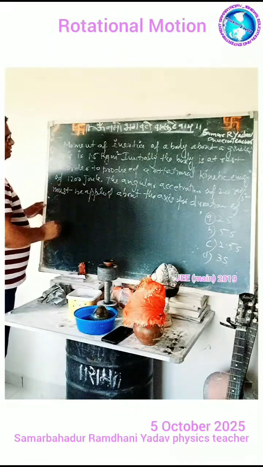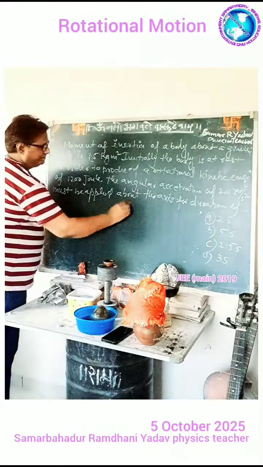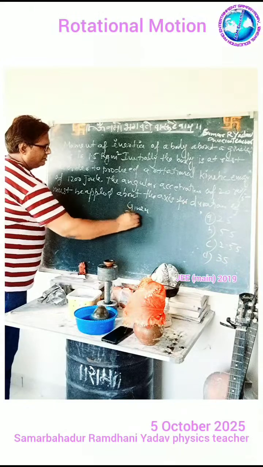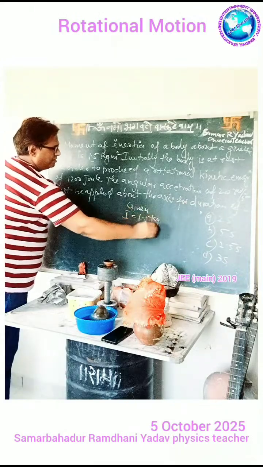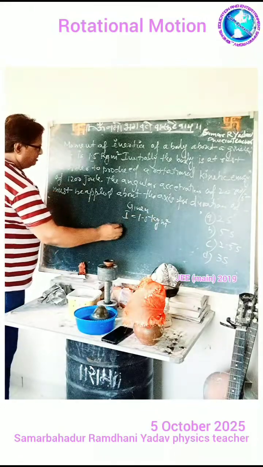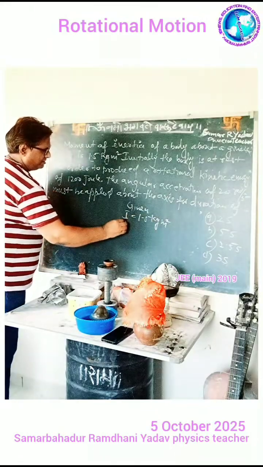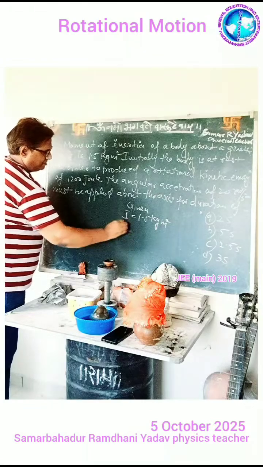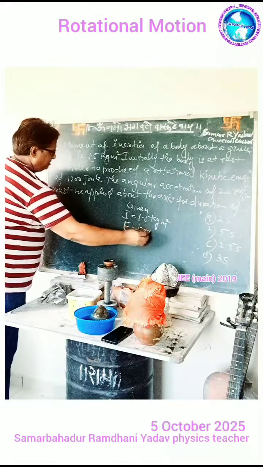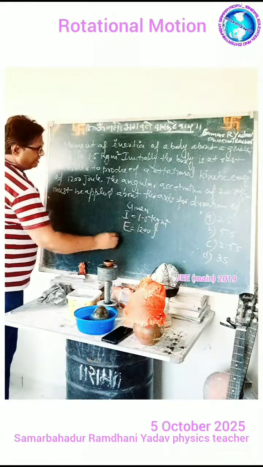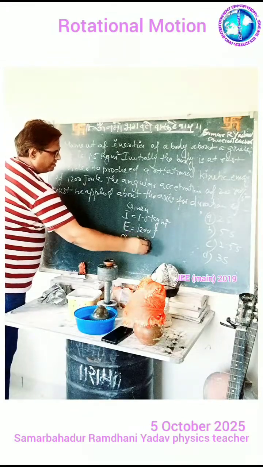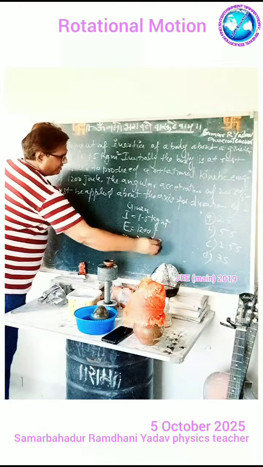Now here, given I is equal to 1.5 kg m², kinetic energy E is equal to 1200 joule, and alpha is 20 radian per second square.